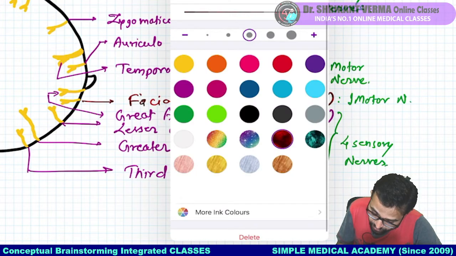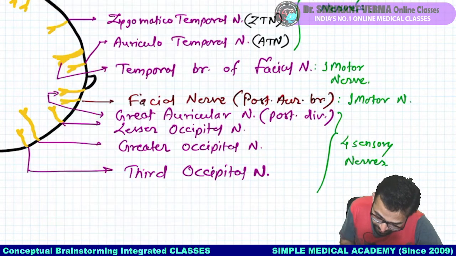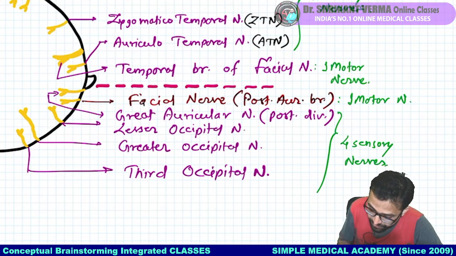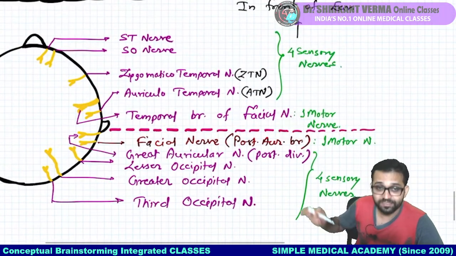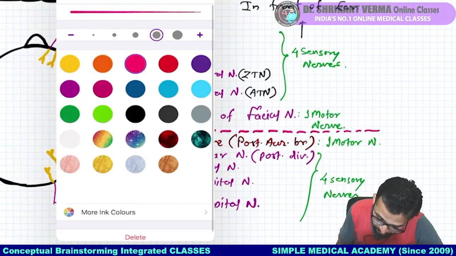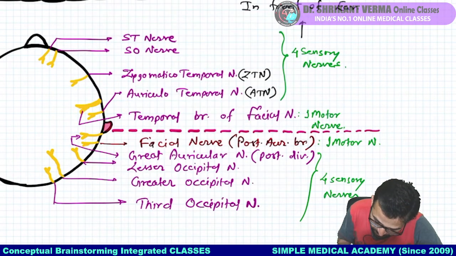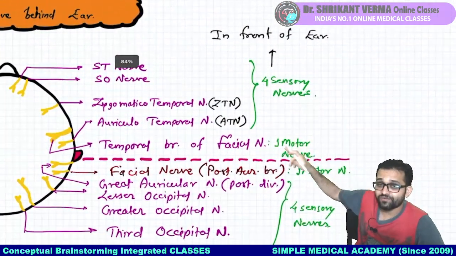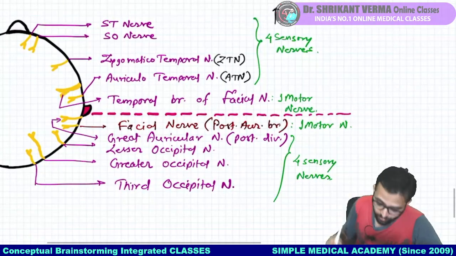So try to catch this point. Here is the ear. Okay sir, we had seen the 5 nerves in front of the ear. This is the ear. In front of the ear there were 4 sensory and 1 motor, and behind the ear again 4 sensory and 1 motor.